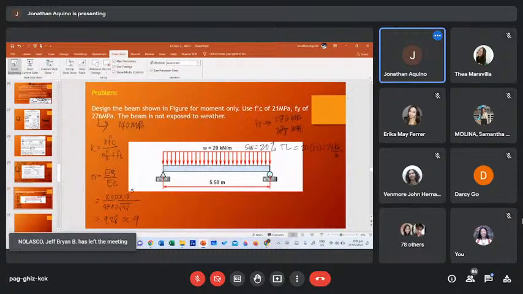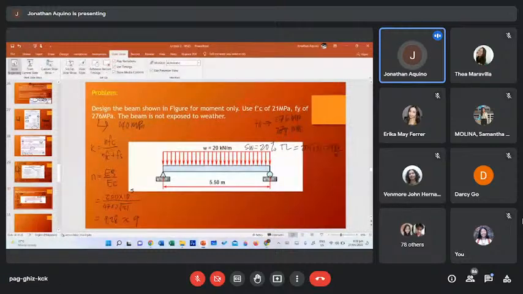Okay. So let's say, for example, this problem states that use b is equal to, let's say, d over 2. Okay. So we can now solve for k.